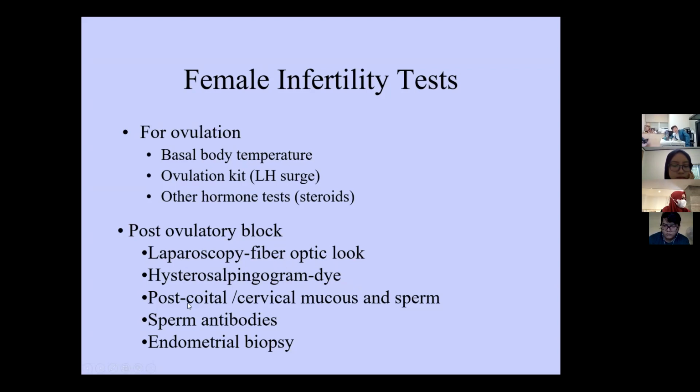We can check whether your cervical mucus is acidic or has some inflammation. Some people have sperm antibodies, producing antibodies against their own sperm. And we can do an endometrial biopsy to see if there is any polyp or hyperplasia and difficulty for implantation.